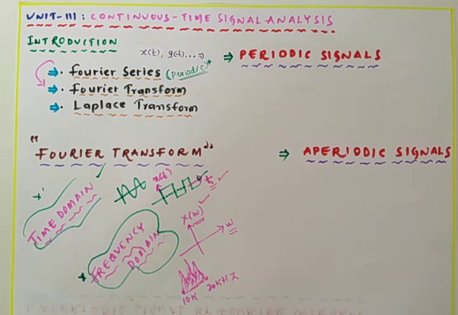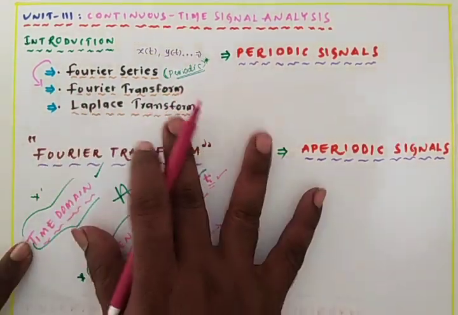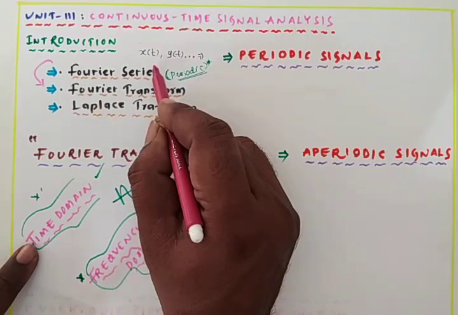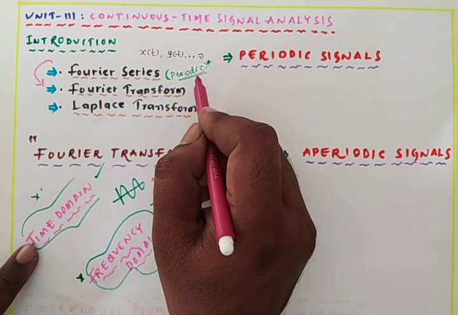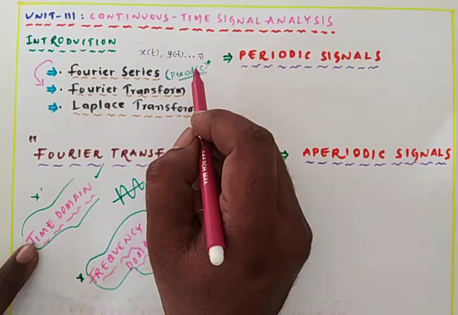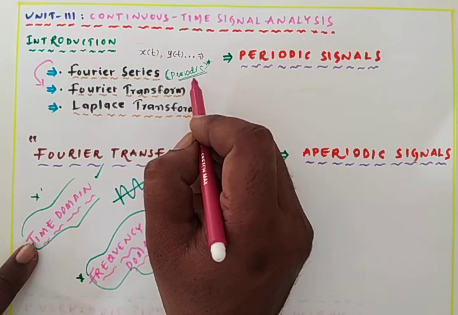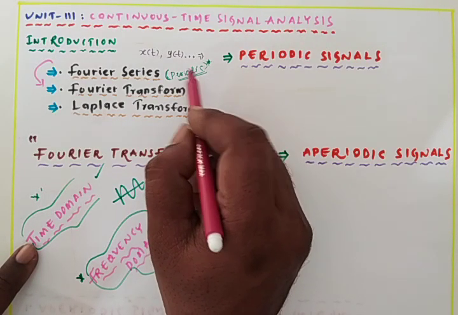So in this chapter we are going to discuss the Fourier transform, which is mostly used to analyze aperiodic signals, and can be used to analyze periodic signals also. It overcomes the limitations of the Fourier series. Now we go to the necessity of the Fourier transform. The Fourier series has a disadvantage: it is confined to periodic signals only, and not all signals can be represented or analyzed by the Fourier series.